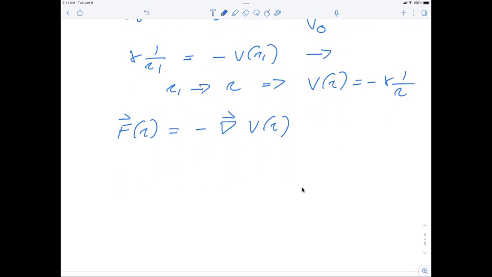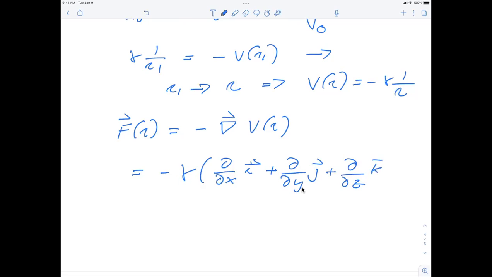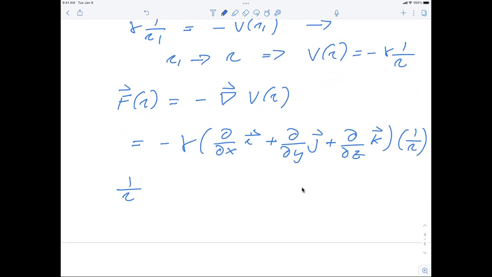What we need to calculate in this specific case is minus gamma, and then d dx of i, this is the vector, so we are setting up the expression for the gradient here, plus d dz multiplied with the vector k. And then we have to take the derivative of 1 divided by r, and 1 over r is equal to 1 divided by the square root of x squared plus y squared plus z squared.